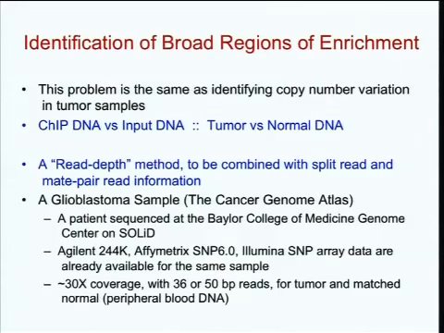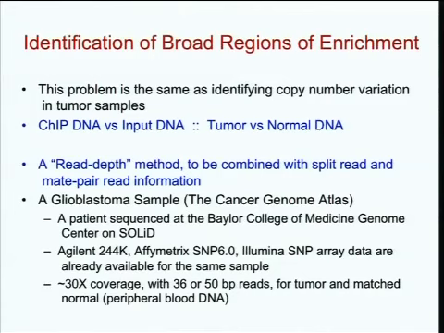All right, so in the remaining half, I'd like to talk about the algorithm that I mentioned for calling these broad regions. Okay? And in fact, I'll talk mostly about our application of this to whole genome sequencing for detecting copy number variation. Okay? Again, the problem of finding enrichment in ChIP DNA versus input DNA is similar to finding amplified or deleted regions in tumor versus normal DNA.